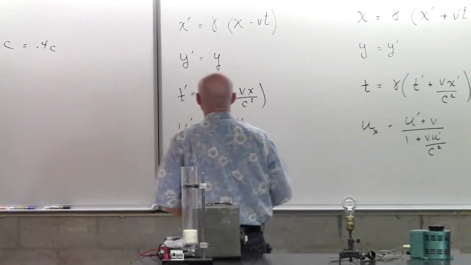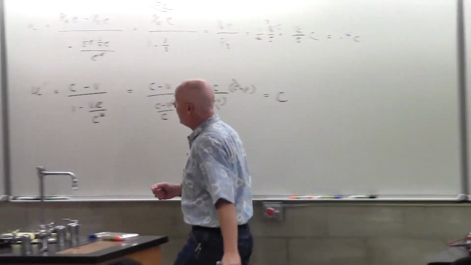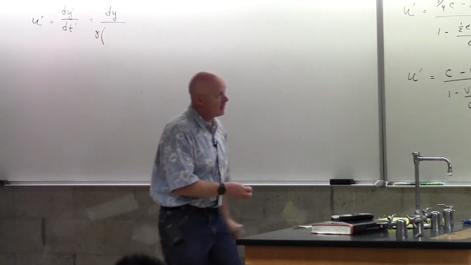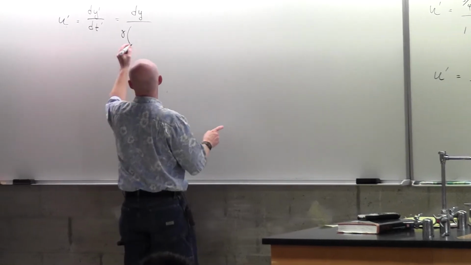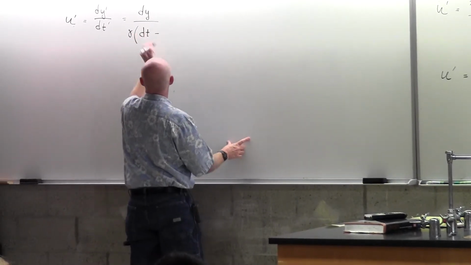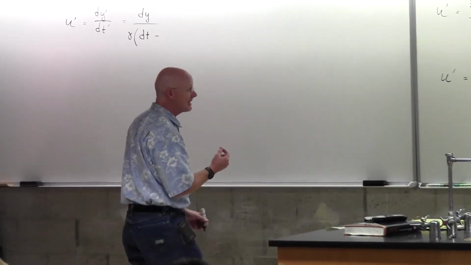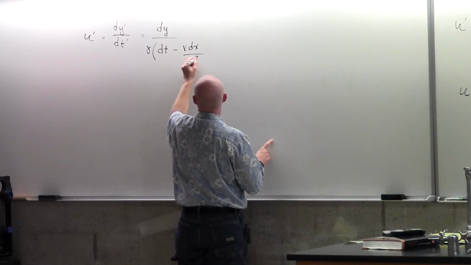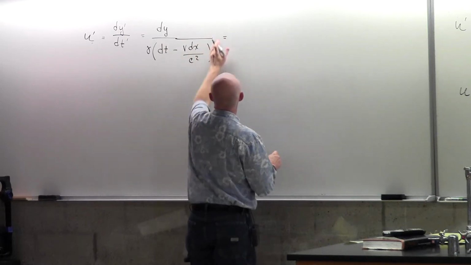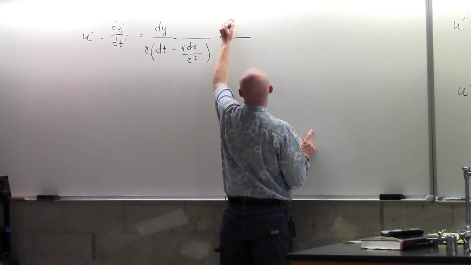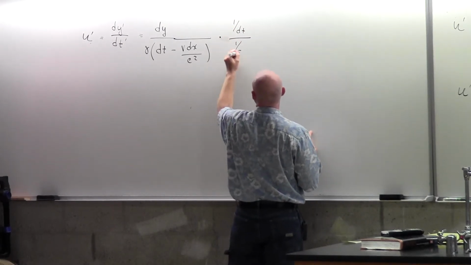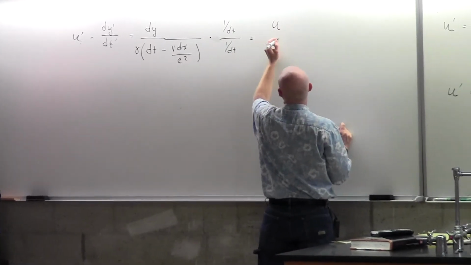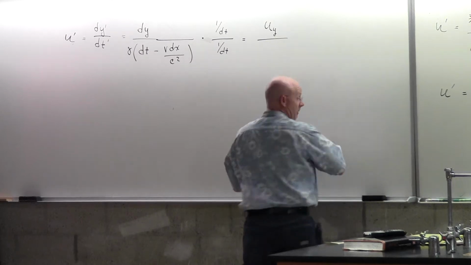So the bottom part still comes into play here, where I'm going to have a gamma down here, and this t prime becomes a dt minus v dx over c squared. And like we did last time, if we multiply top and bottom by 1 over dt, in the top we get u sub y. And let me pause right there.